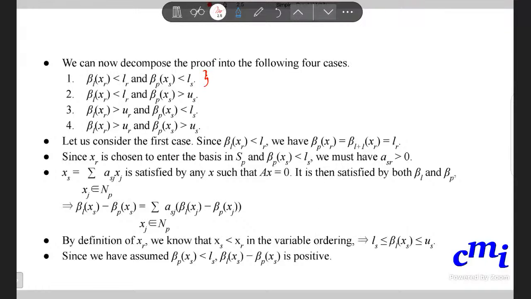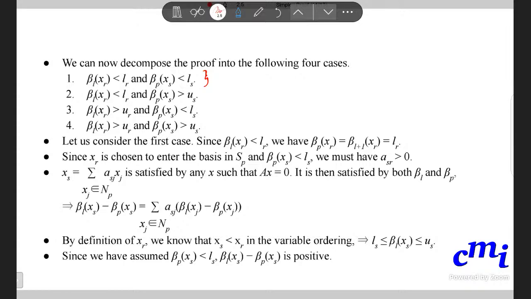So we'll assume that beta L of XR is lesser than its lower bound, and beta P of XS is also lesser than its lower bound. In this case, we have beta P of XR equal to beta L plus 1 of XR, which is equal to LR.